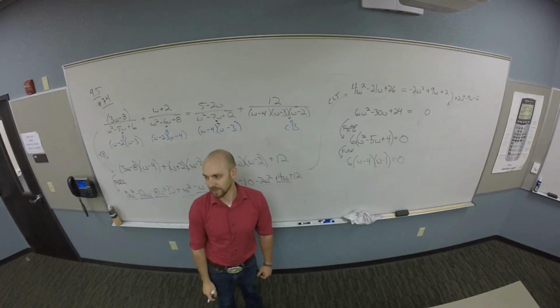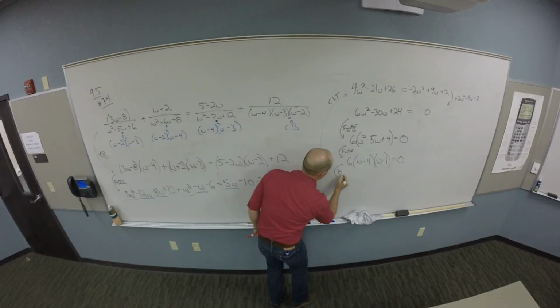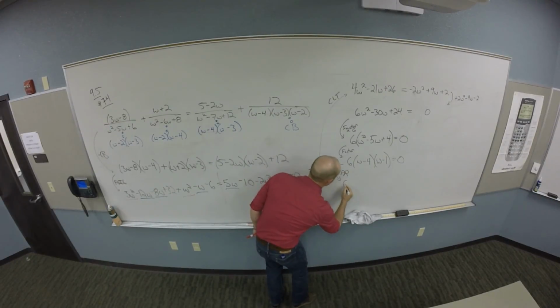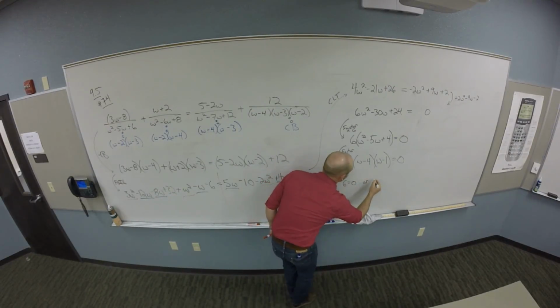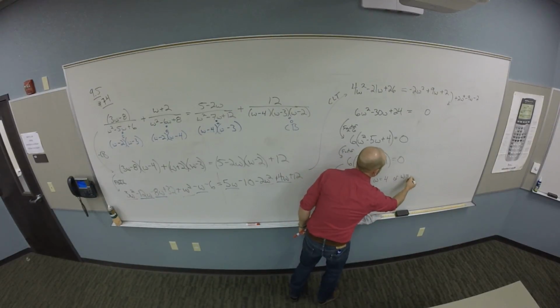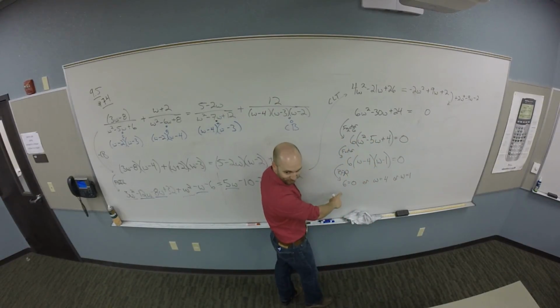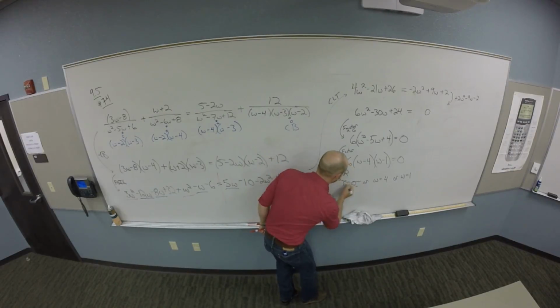Then what do I do to this? Zero product rule. Okay, so either 6 is 0, or w is 4, or w is 1. Well, 6 is never 0, right? Okay, so I can probably pitch that one.